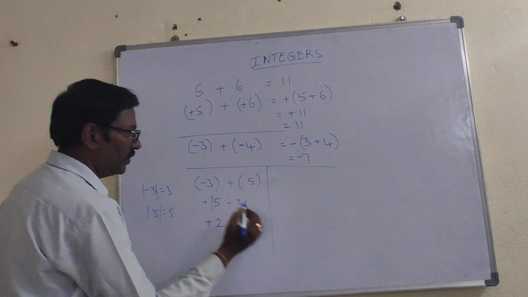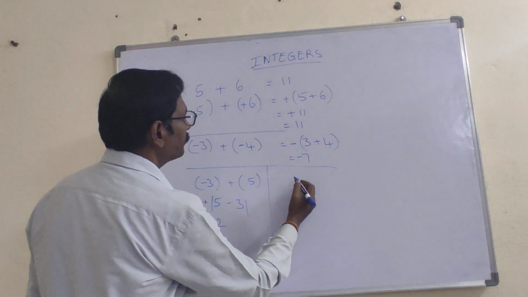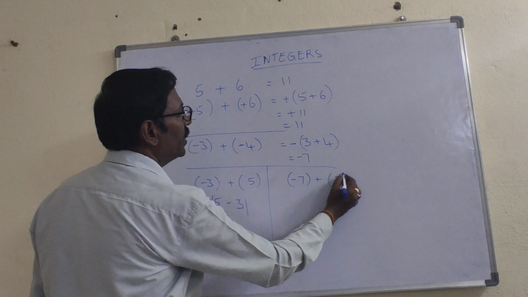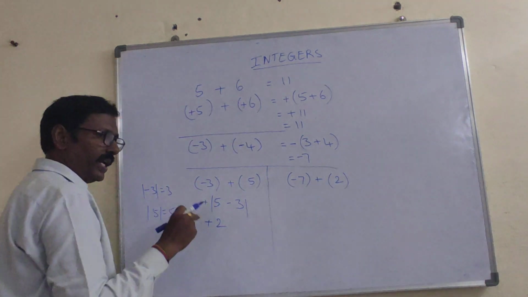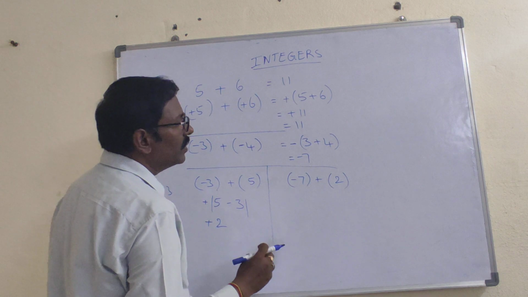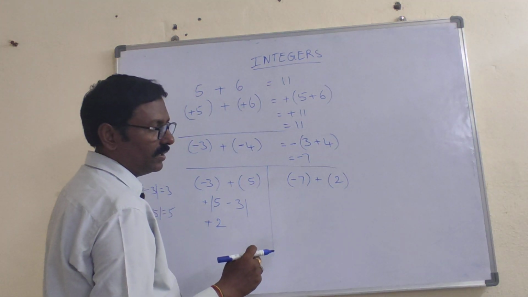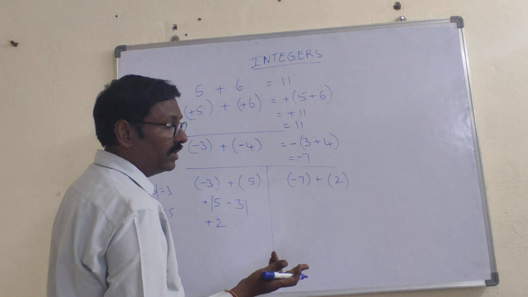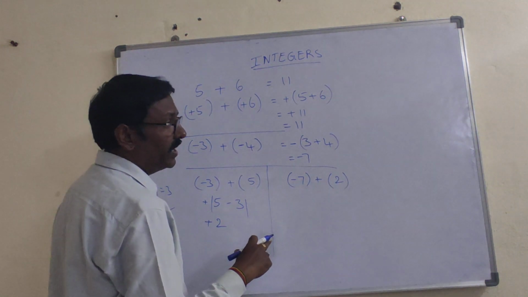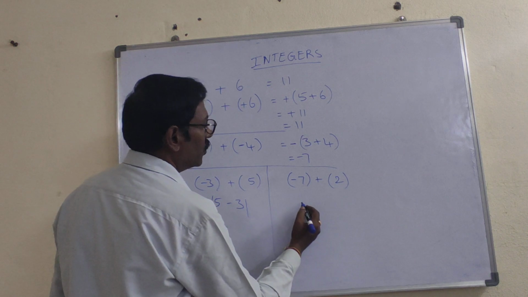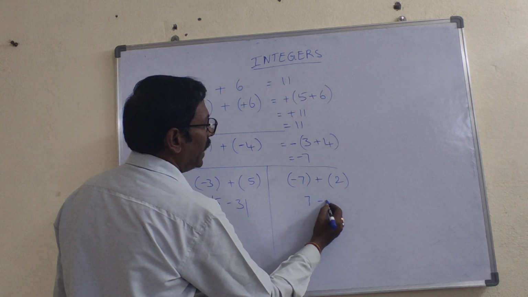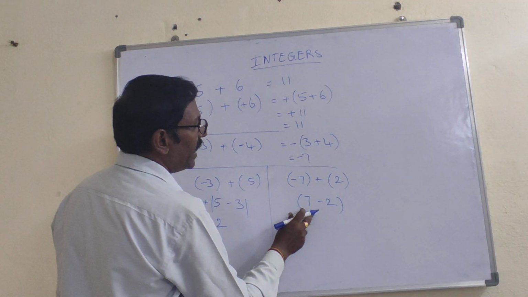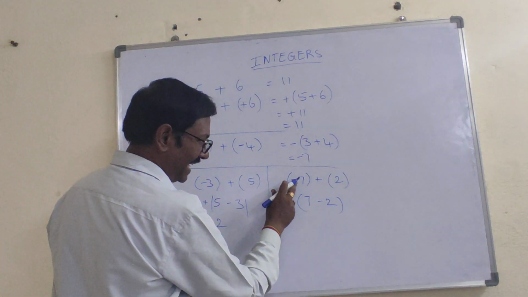Like that, suppose this is minus 7 plus 2. Here also one is positive, one is negative. So we subtract the absolute value of the small number from the absolute value of the big number. So this is 7 minus 2, and the big number has the minus sign here.